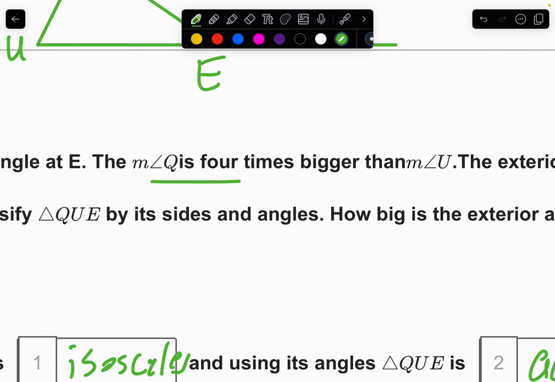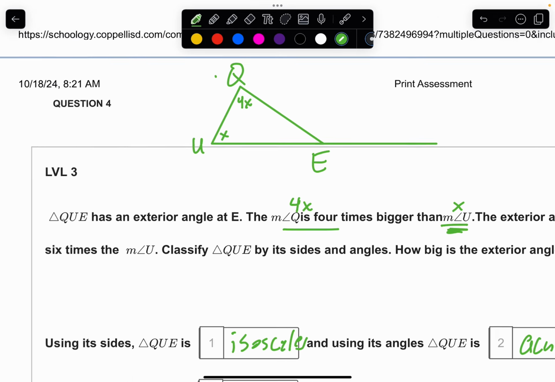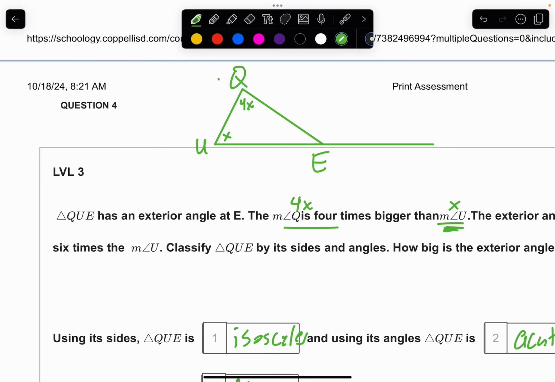If Q is 4 times bigger than U, then U is kind of like our baseline. If I call U x, Q is 4 times that amount. It would be 4x. So if I call U x, Q would be 4x in that situation.